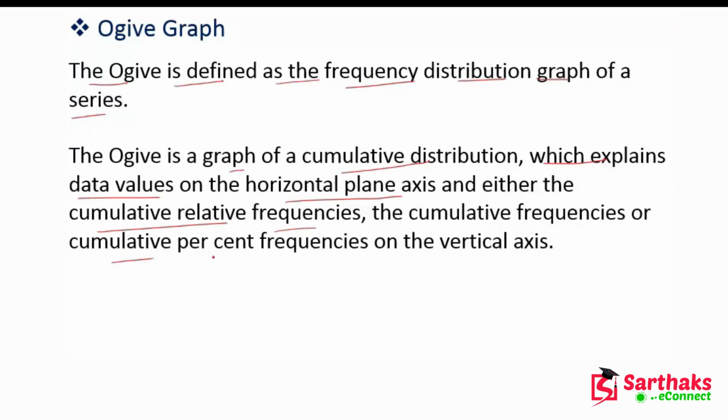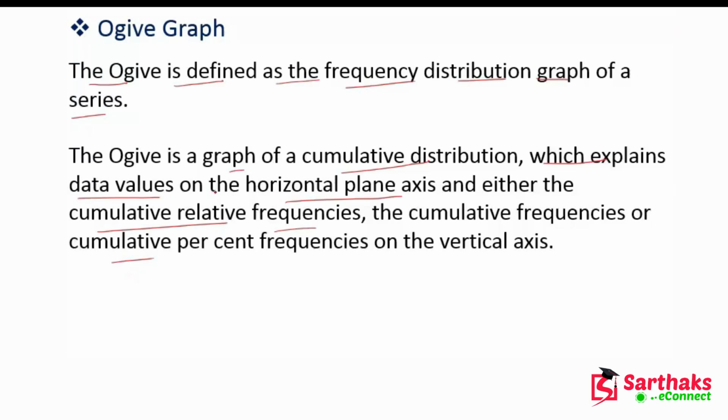I hope you understand this. So the ogive graph is the graph of cumulative distribution, which shows data values on the horizontal axis and cumulative relative frequencies on the vertical axis.